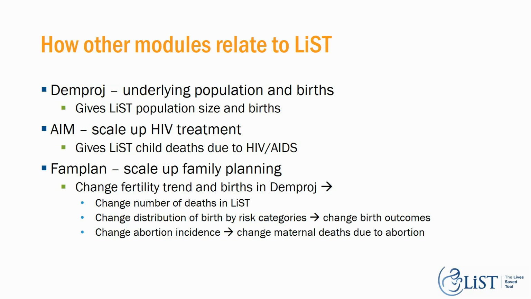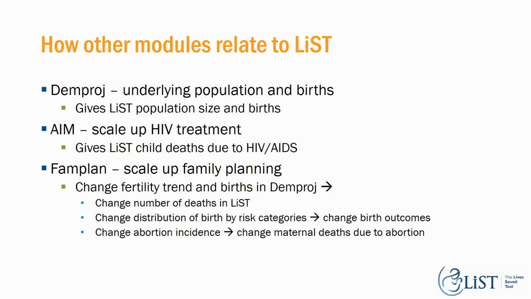So in the software, whenever a country has high HIV and AIDS mortality, or when HIV and AIDS are highly prevalent, this module will automatically be selected because so many children are dying due to AIDS.